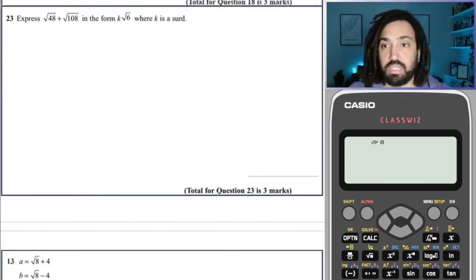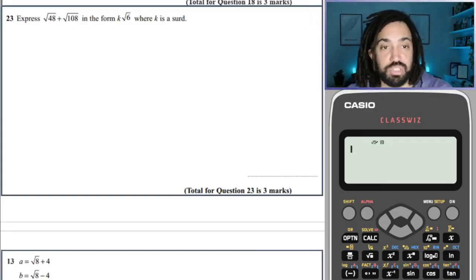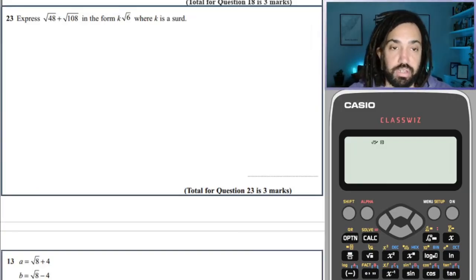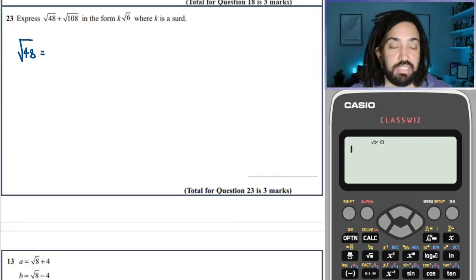Okay, next question. And it says express these two added together in the form of k root 6. Okay, so first off, root 48 is the same as, now most of the time when we simplify surds we look for the highest square factor.